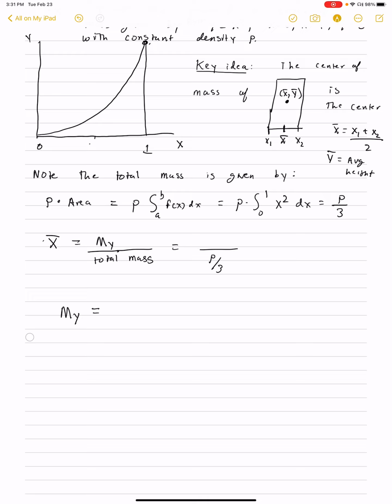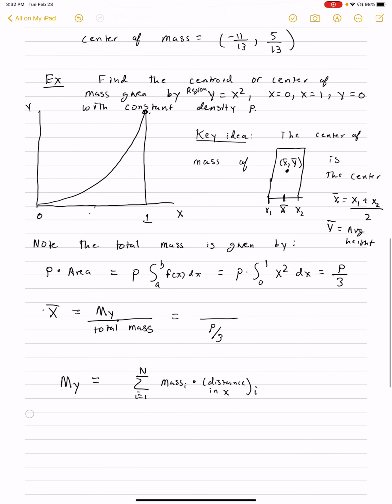M sub y, its definition is the sum of the mass of an object times the distance of an object, from i equals 1 to n.